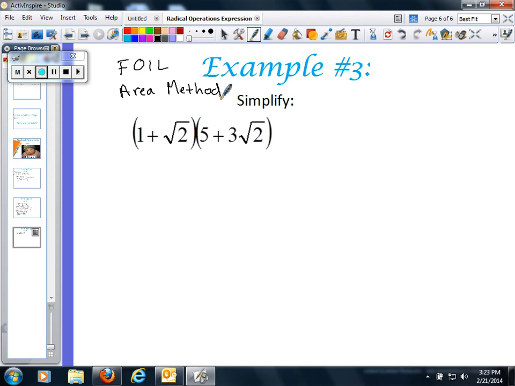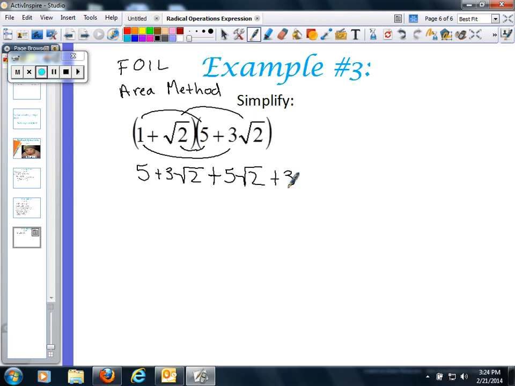So when I look at this, I'll show you both ways. 1 times 5 is 5. 1 times 3 plus square root of 2 is 3 square root of 2. Square root of 2 times 5 is plus 5 square root of 2. And this is plus 3.